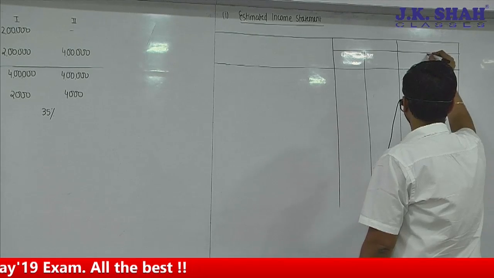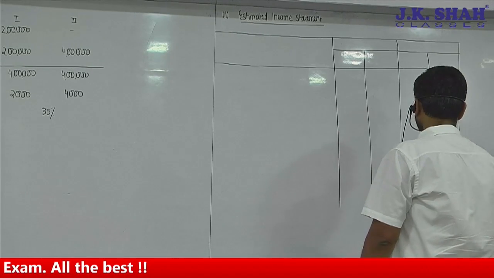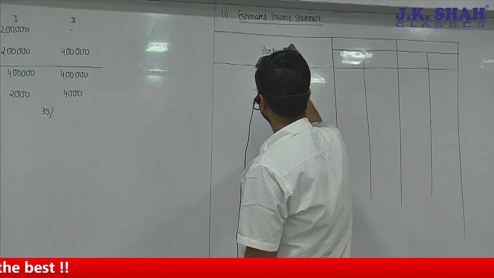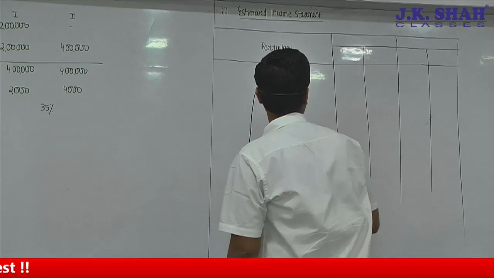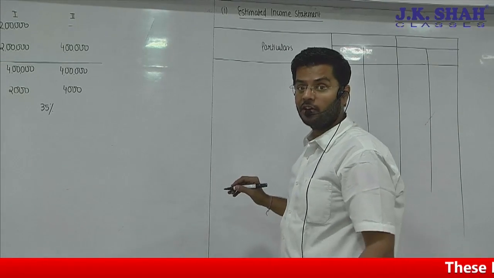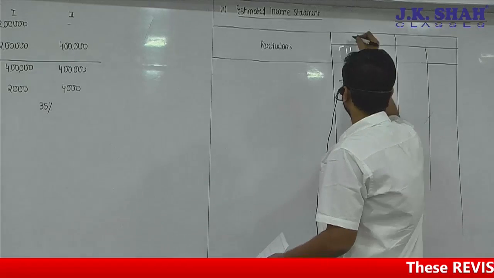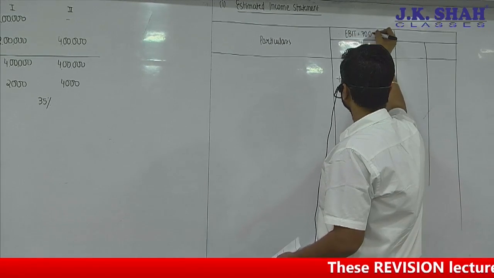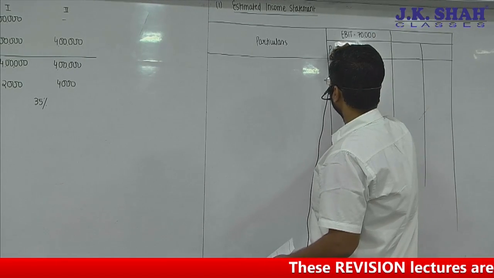So this is the format of my income statement. So we have particulars, and the question says assume that your EBIT is 70,000. If I assume that my EBIT level is 70,000, then which plan should I select?